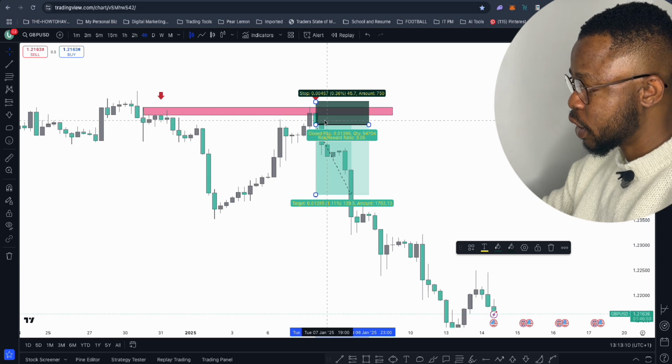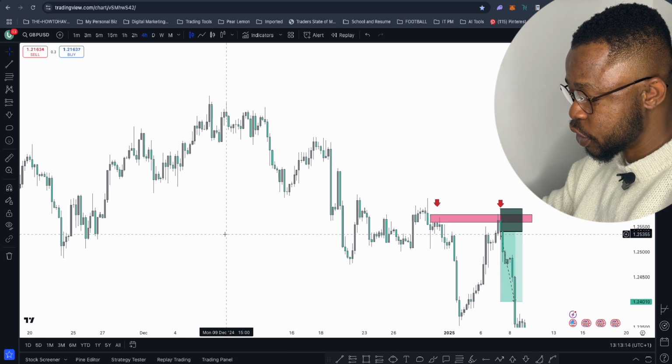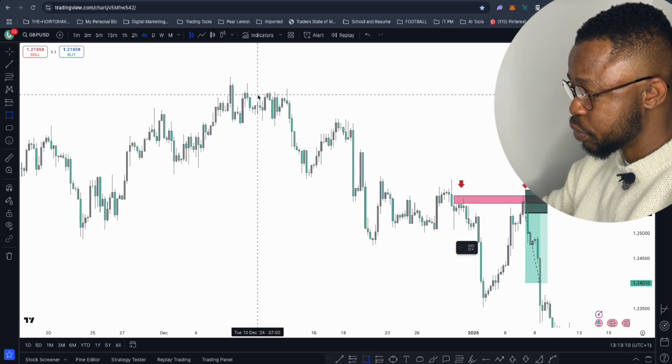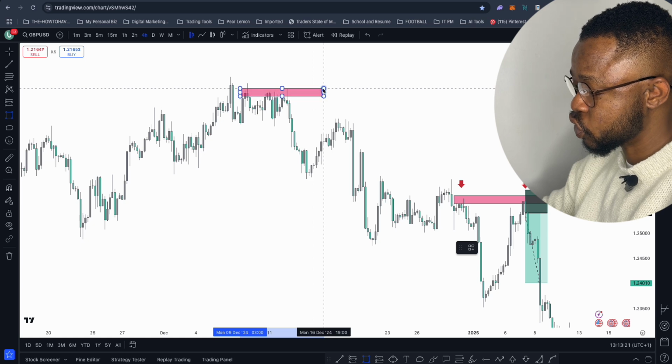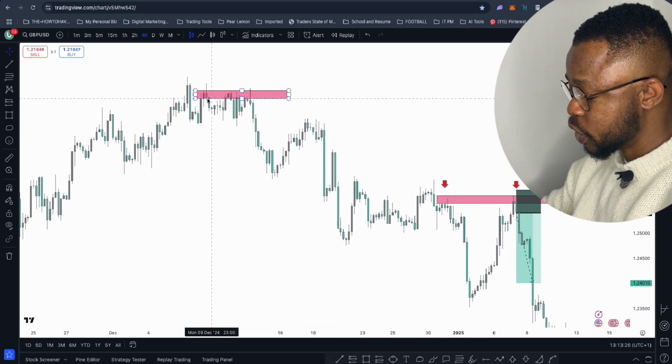So let's use this example now. Let's say you took a trade here, and this is the area that made your decision to take a trade. These are resistance areas.